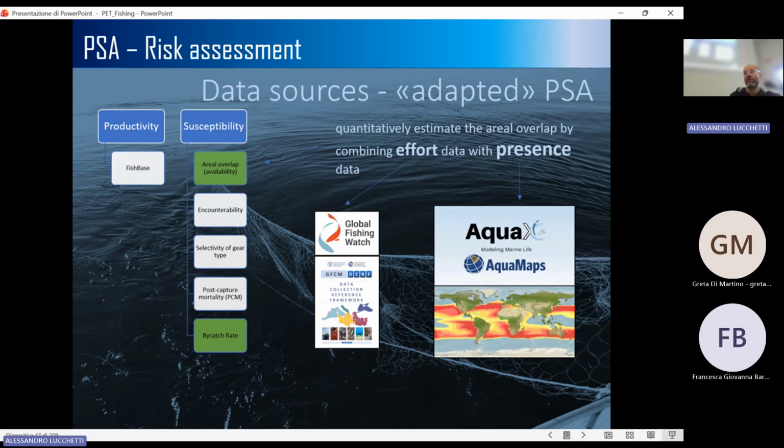Therefore, for the small-scale fisheries operating in coastal areas, obviously we have a problem. In this case, you can simply use the official fishing effort reported in national data from the ministry, supposing that they operate, let's say, within 3 miles from the coast. But this is an assumption.